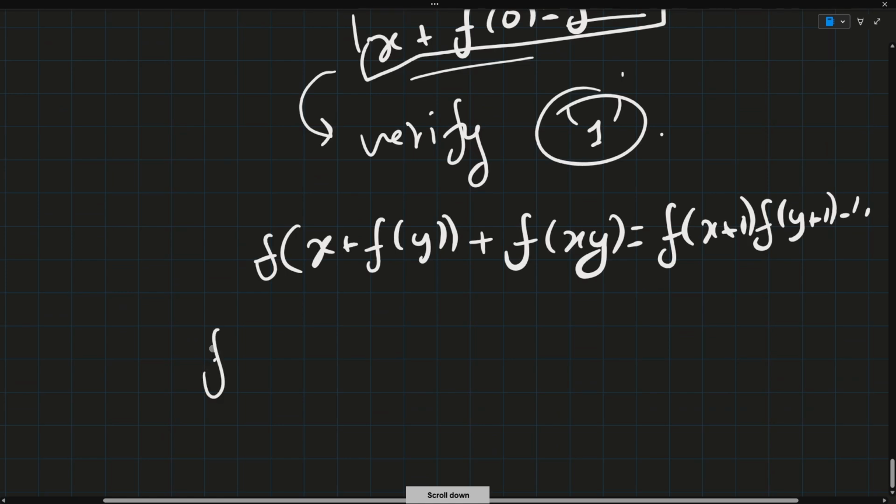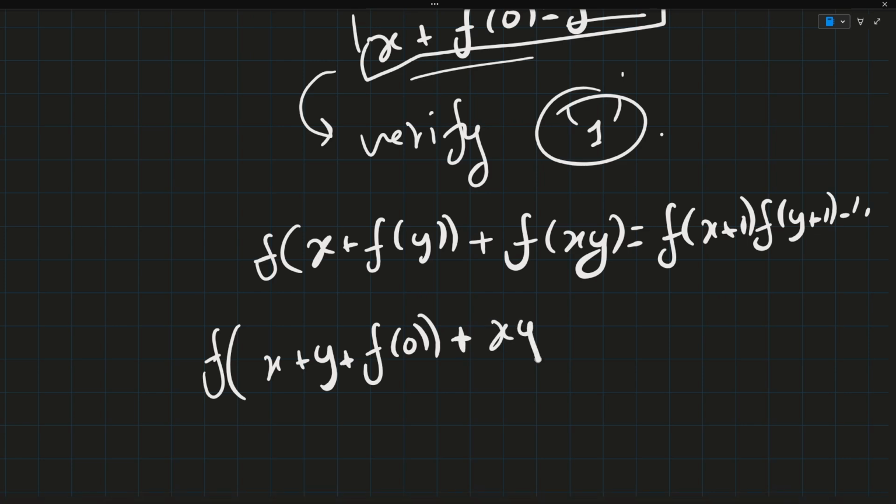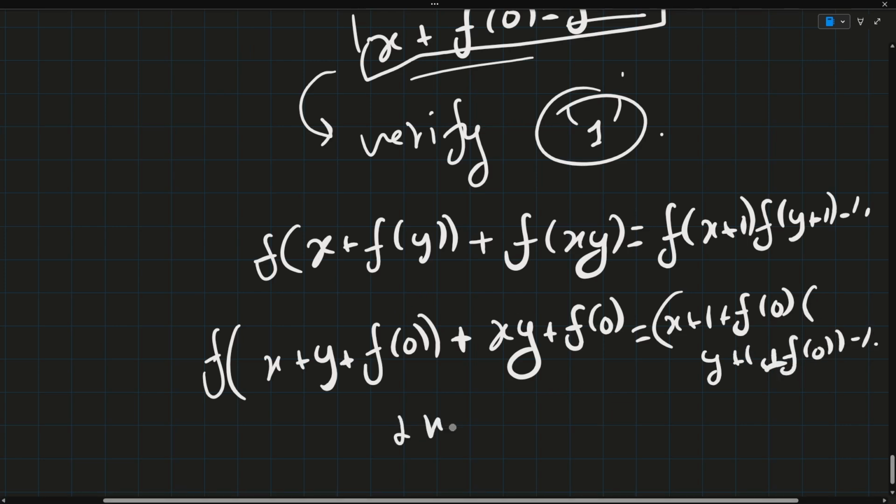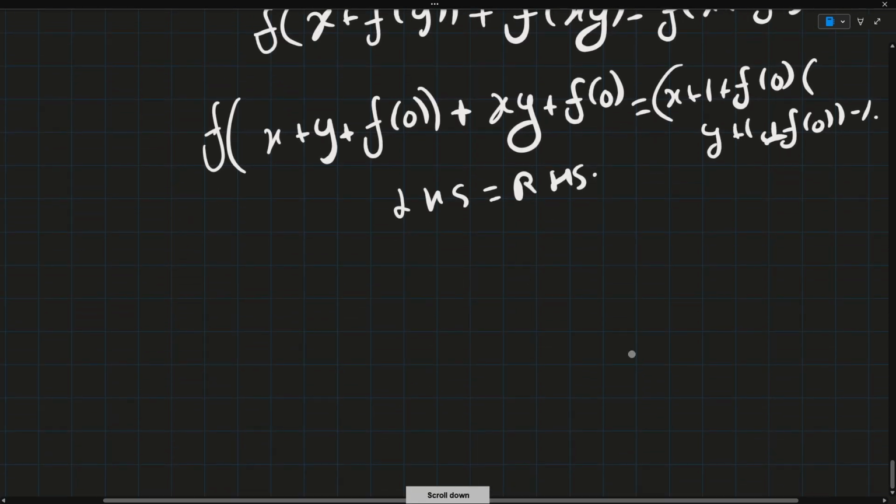That means we write x + f(0) + y + f(0) + xy + f(0) = (x + 1 + f(0))(y + 1 + f(0)) - 1. And if you get LHS equal to RHS, then our solution is a valid solution.